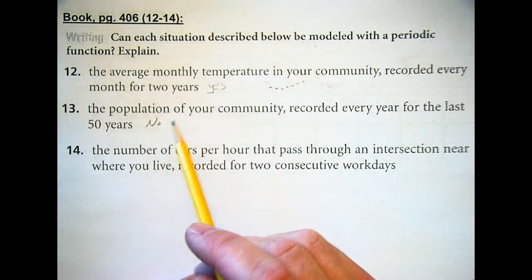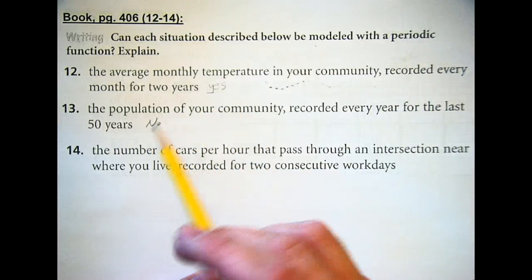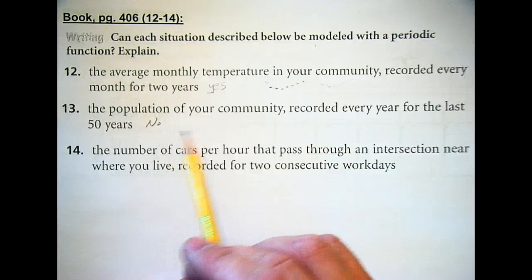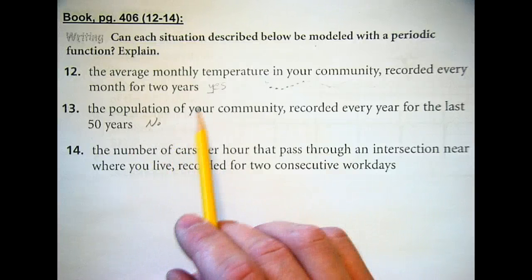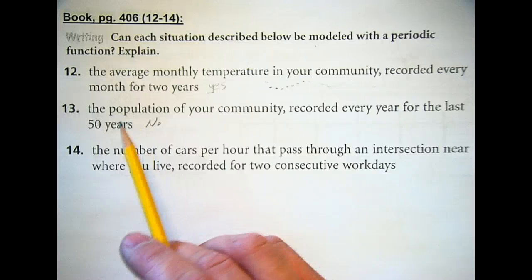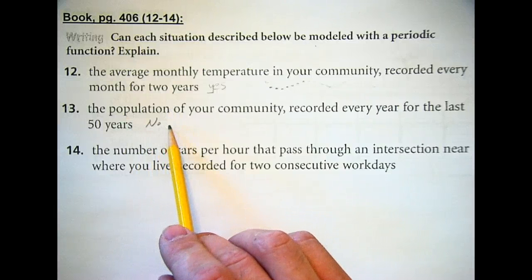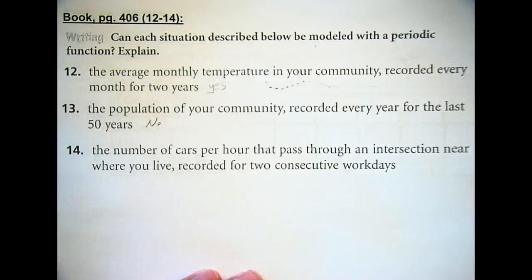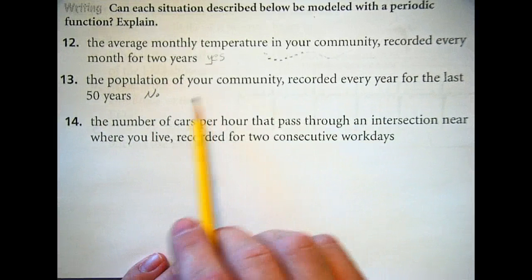There are some communities, say like logging communities over the last 100 years, if your community depended solely on logging, unless you've actually changed that, a lot of communities like that have died out. So their population decreased. But generally your population's increasing. All right? So that would not be periodic.